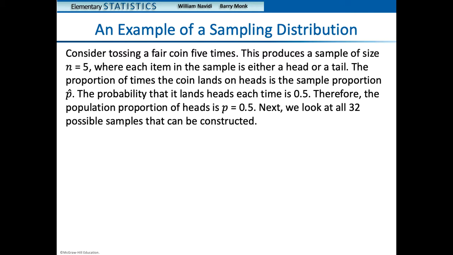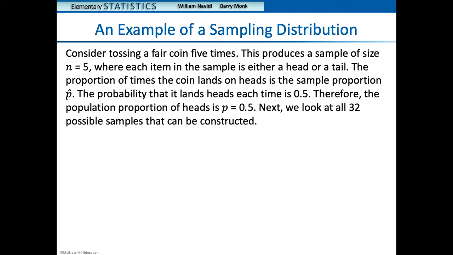Now, the population proportion, we can just treat as 0.5 because that is the probability that it lands heads each time. And according to the law of large numbers, if we were to toss the coin numerous times, the proportion of heads would be about 0.5. So 0.5 is the number that we will treat as the population proportion.